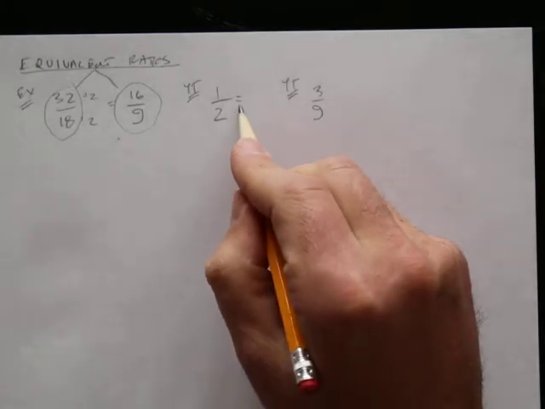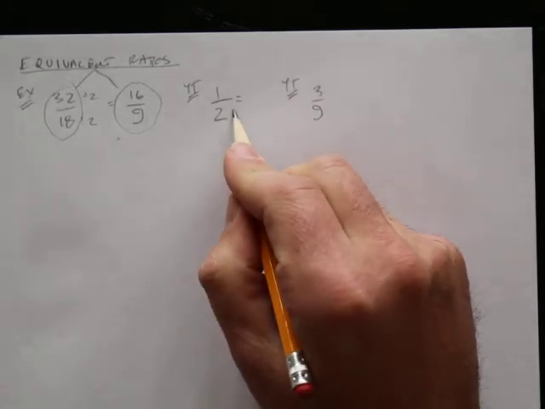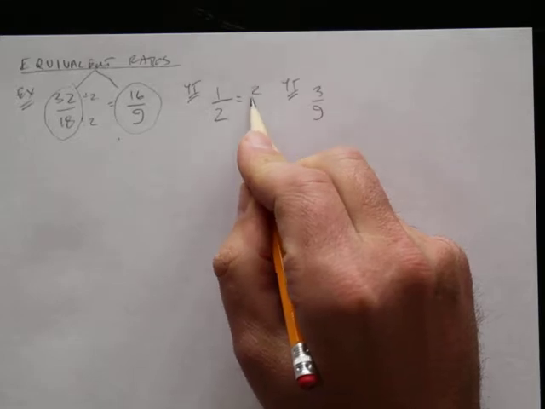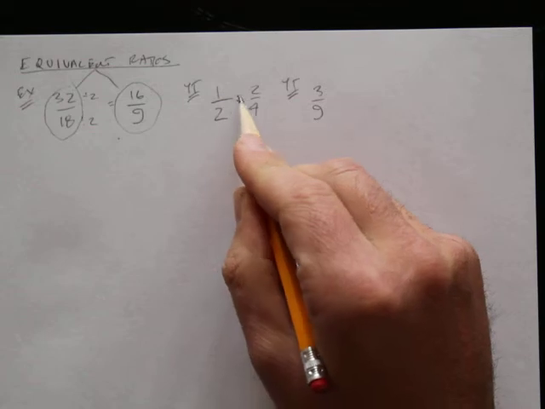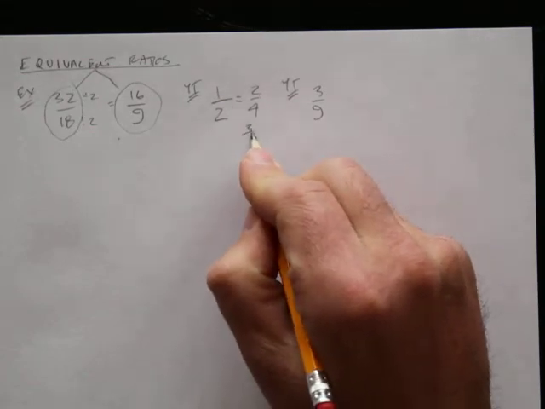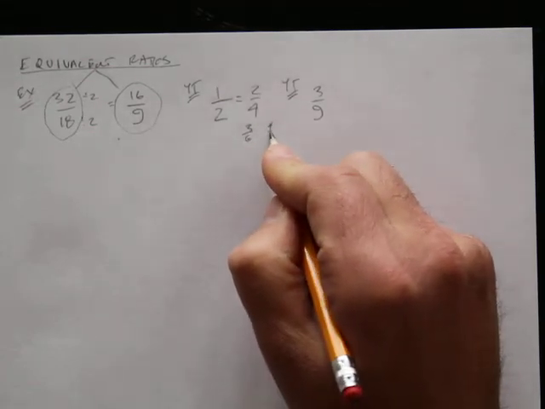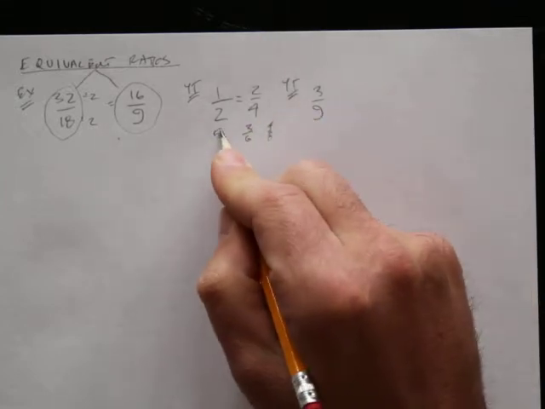All right, let's see. So for this one, if you multiply the top and the bottom both by 2, you get 2/4. And so that is an equivalent ratio. You could also get 3/6. You could get 4/8. You could get 5/10.